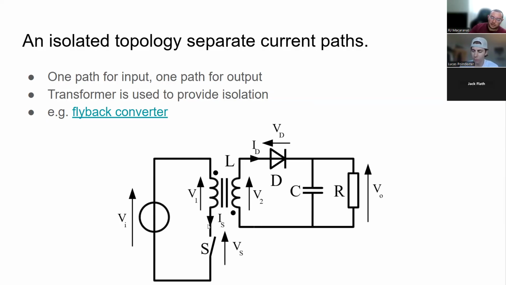These isolated topologies are very useful for protecting the input. If we have an input, maybe a battery, and I accidentally short the output, the battery is just going to drain current until it is depleted, and then I've got a useless voltage source.